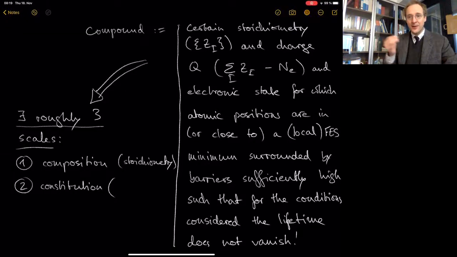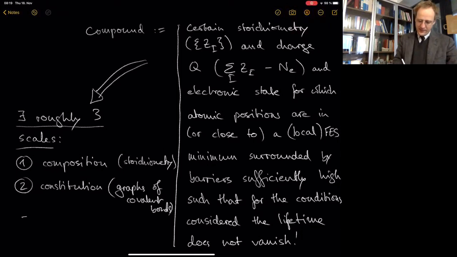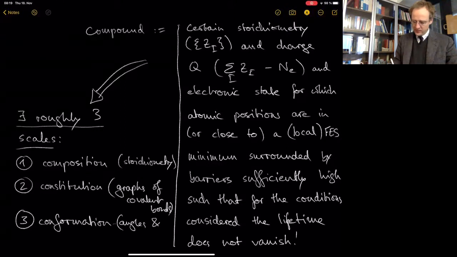That is typically the bonding network, the graphs. And scale number 3 is conformation. So this is angles and torsions.